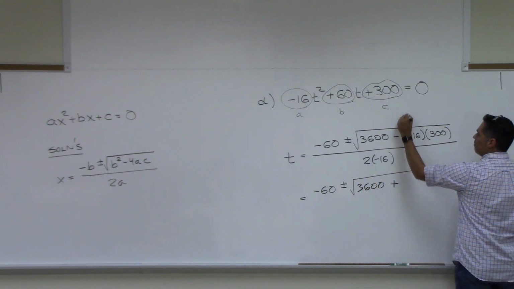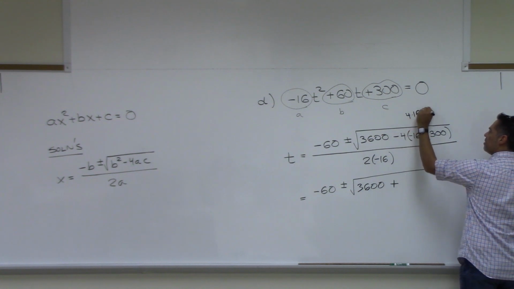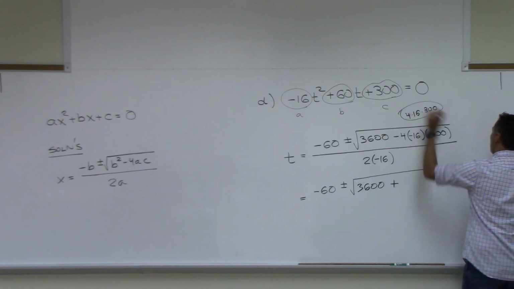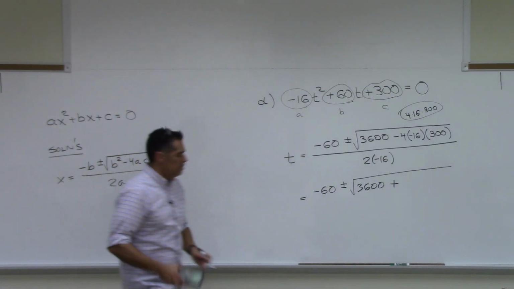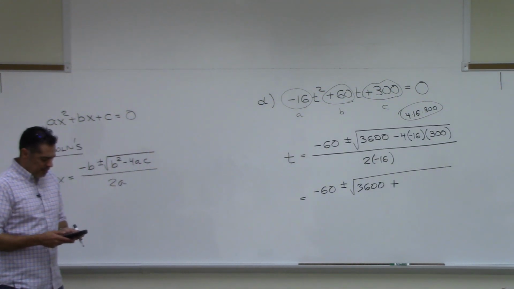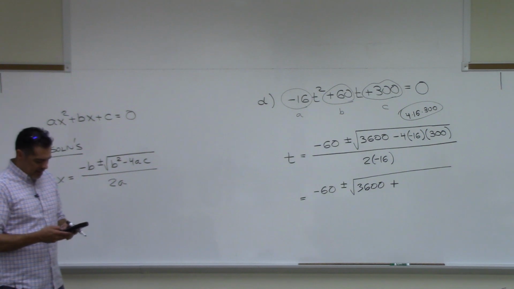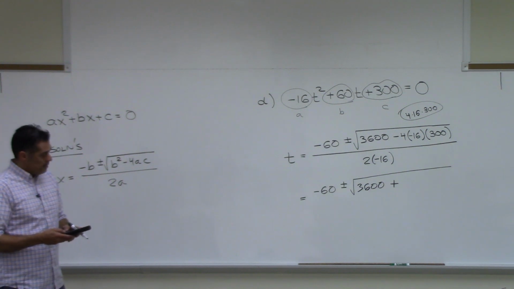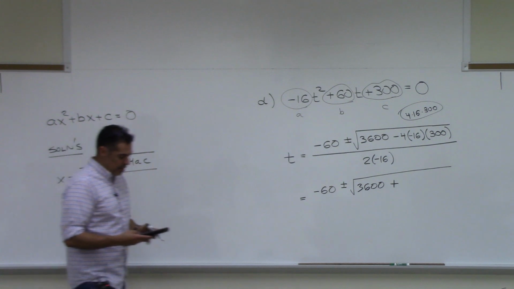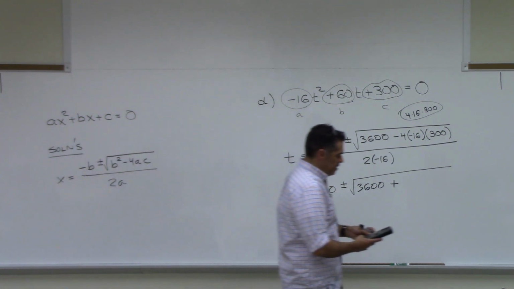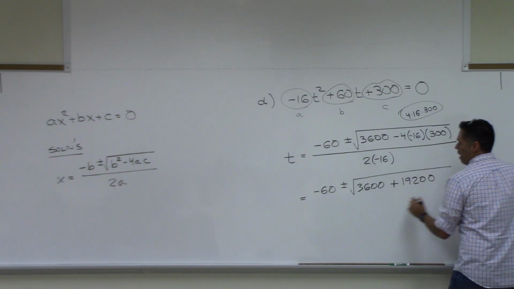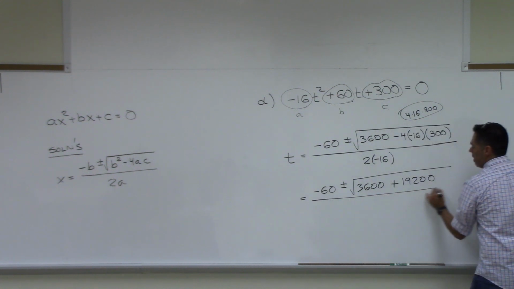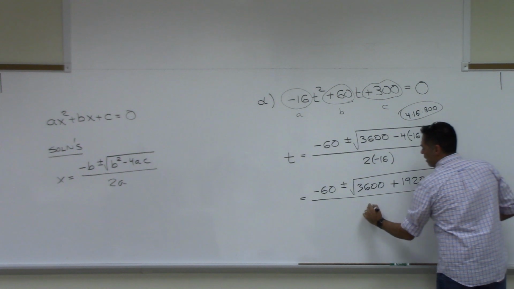And now I just take the numbers 4 times 16 times 300. I don't care about their signs. I do that on my calculator. I get a huge number that I don't like. I get all upset that I have to take this class. I wish I was doing a million other things, right? All right, 19,200. And then I divide all of that by 2 times negative 16, which is negative 32.